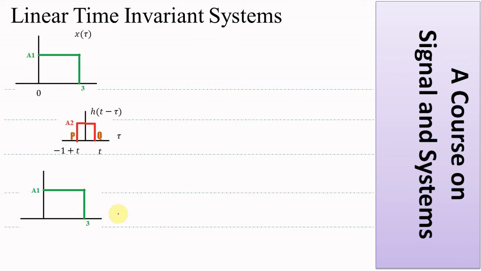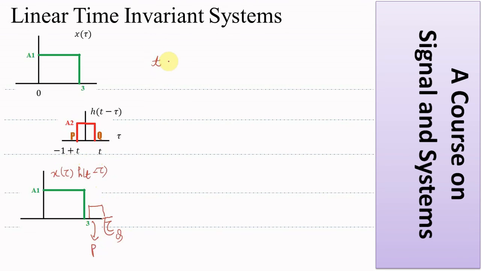Last case, I think it is by default when t is ahead of 3. So again, this is tau, and this is x of tau and h of t minus tau, and I am saying that the p value is ahead of 3, right? So this is q, this is p. What is p? p is t minus 1.